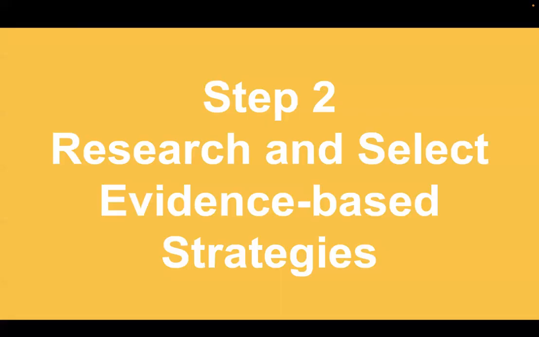So then the second step, once you've identified those critical needs and your root cause, is to research and select evidence-based strategies. Dr. Morgan and I took some training earlier this year on evidence-based strategies.